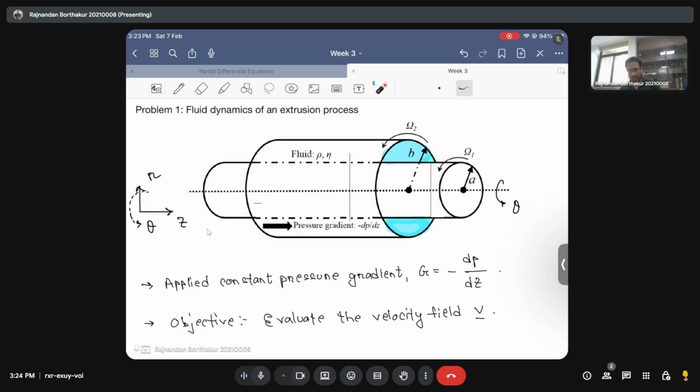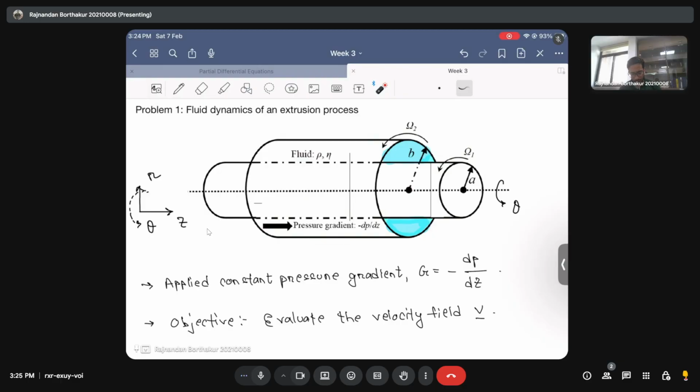Okay. But again, since we are only interested in the fluid dynamics as far as the scope of this course is concerned, we are not going into the details of the precise magnitude of the pressure gradients and the dimensions of the die and things like that. As I said, this is just a prototypical system which you can analyze in order to get an idea of how the fluid dynamics in an extrusion process actually takes place.